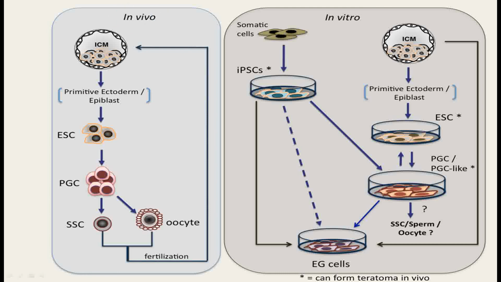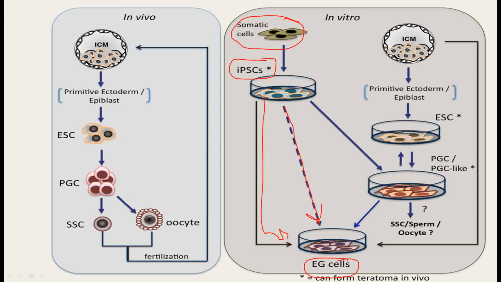If we talk about the in vitro, how this process is carried outside the body, you can see here these are somatic cells. These somatic cells form iPSCs. This is the culture. After the culture, these form embryonic germ cells.